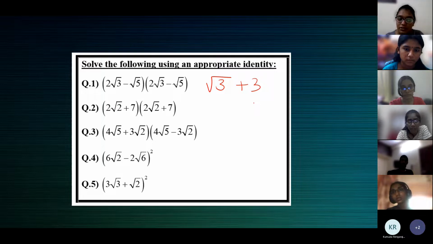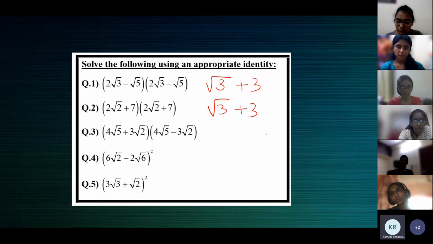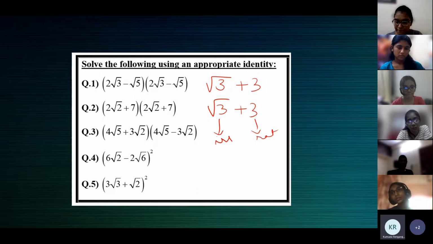Non-terminating, non-repeating, because root 3 has a non-terminating, non-repeating decimal expansion. So what does it mean? Root 3 is irrational, 3 is rational. So if you add a rational number and an irrational number, the sum is irrational.